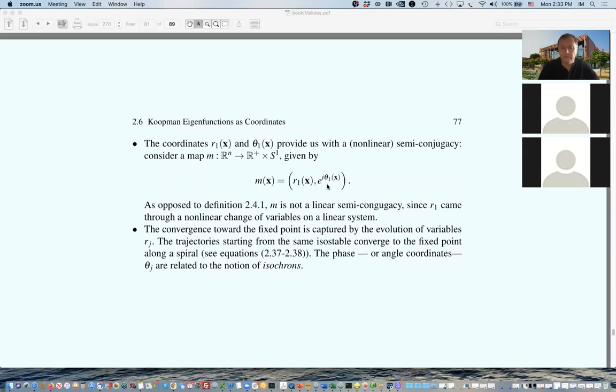They give you a partition into what are called isochrons, and we'll talk about isochrons in the nonlinear context even more. In this linear context, they are the level sets of the argument theta1 of this function over here.